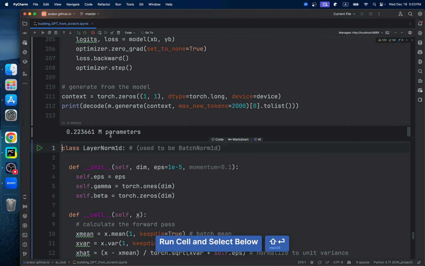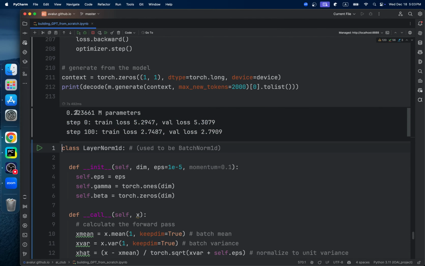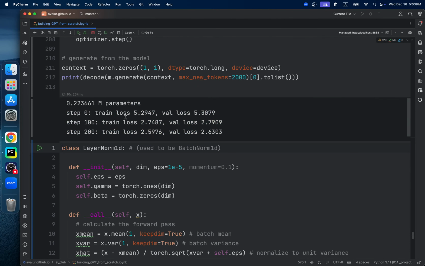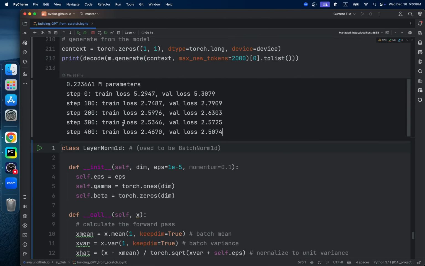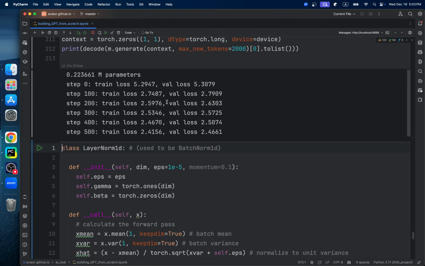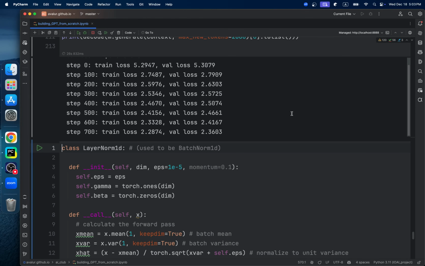So I am running the cell, and you see the overall number of parameters inside this transformer model, and actually this is GPT-2. So you see it trains. The loss here is almost random loss, as we've seen for our vocabulary of 173 tokens, and then the loss is decreasing, both on the train set and on the test data set.